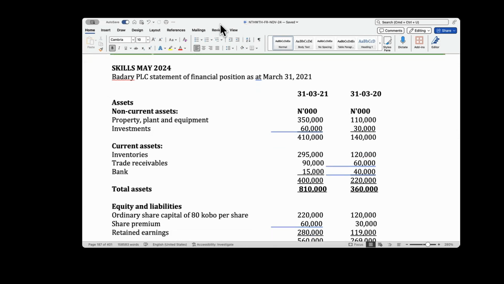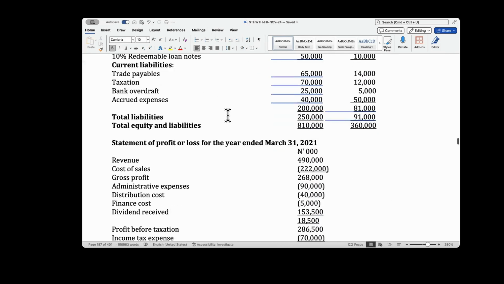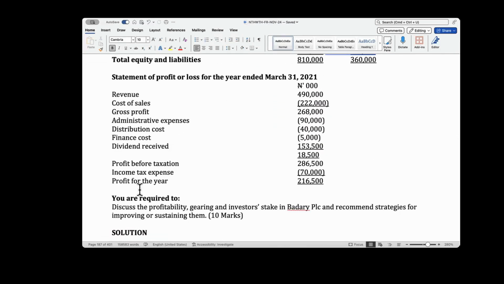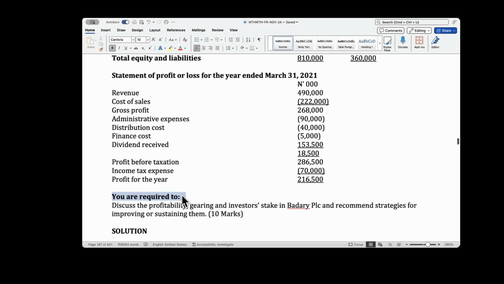In line with how I advised you to always approach the exam, you look at the requirement of the question first. What was the question asking you to do?